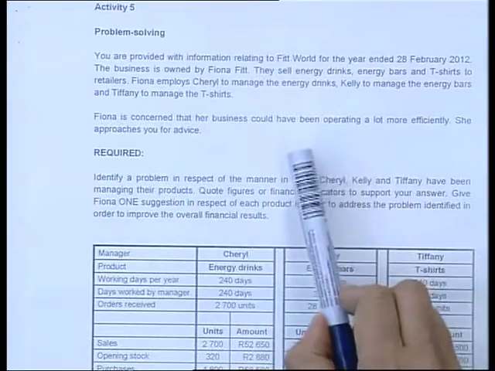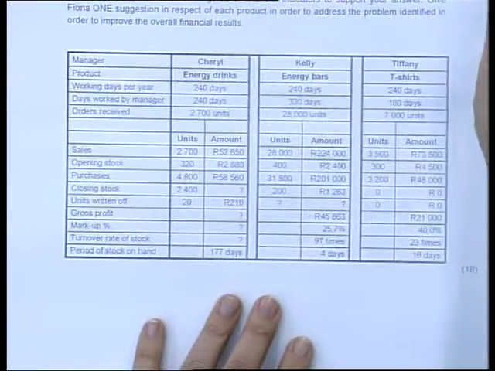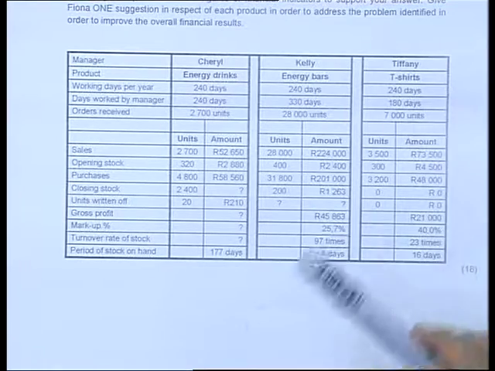I'm afraid we're not going to have time to go into detail for activity 5. I would just like to give you some pointers though when you do this. This activity links to activity 3. And you will see you are provided with information relating to Fit World, Fiona Fits the owner, and then they give you the 3 different products: the energy drinks, the energy bars, and the t-shirts.